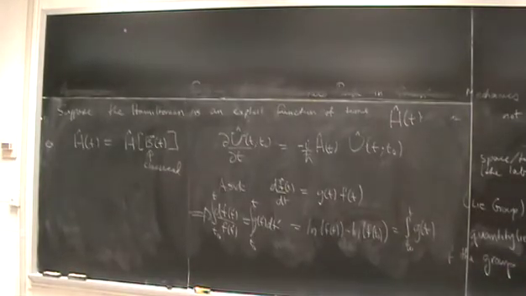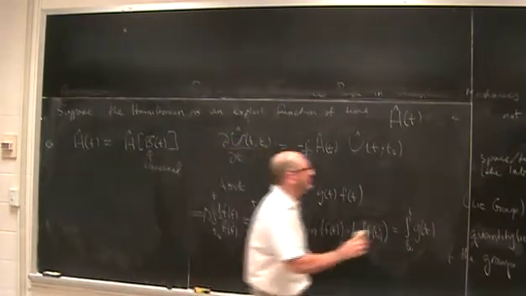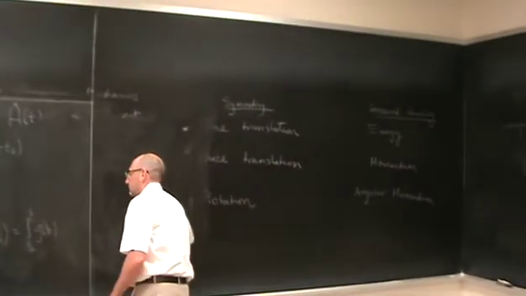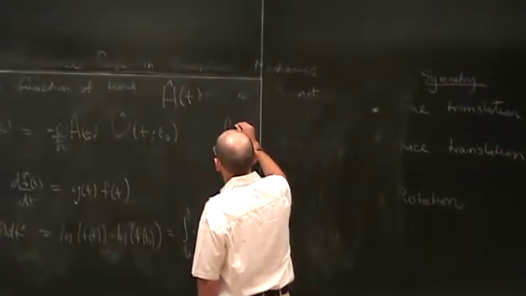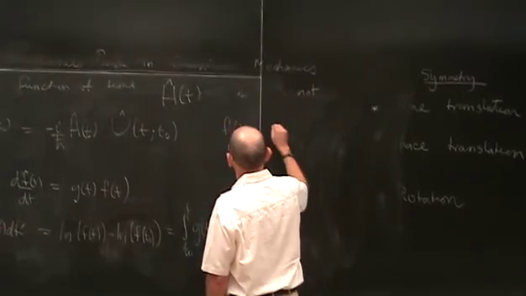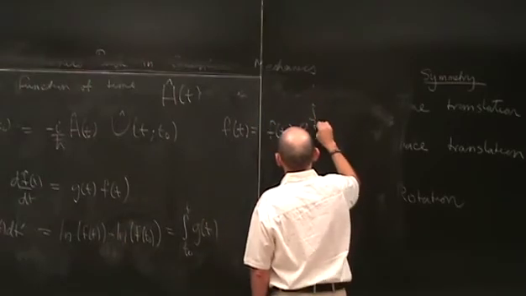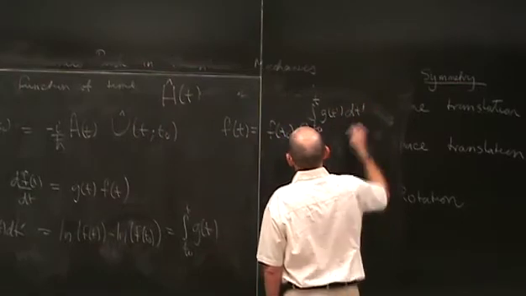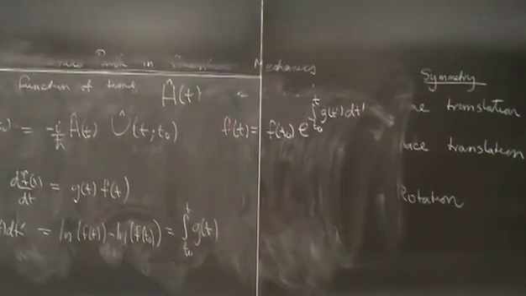And so then if I exponentiate that, I get that f of t is f of t0 times the exponential of that. Okay?